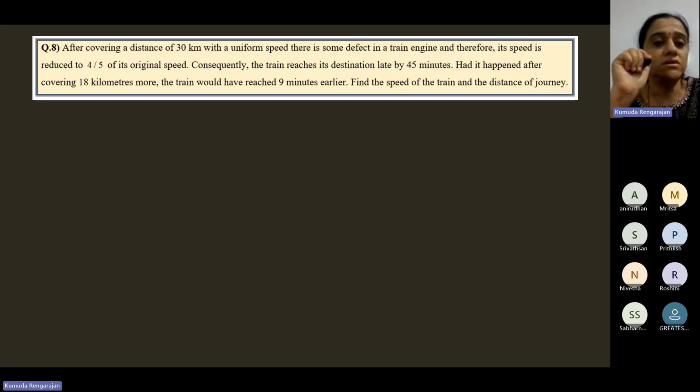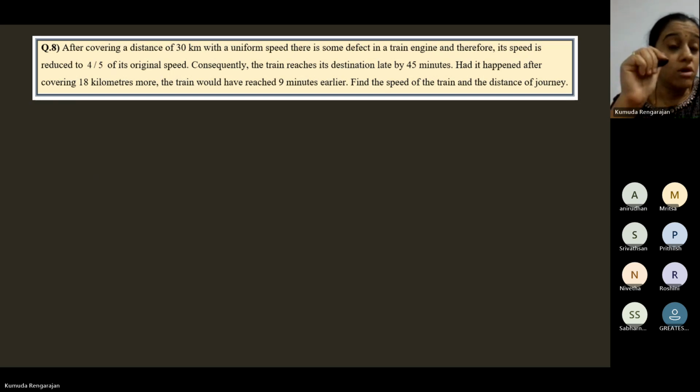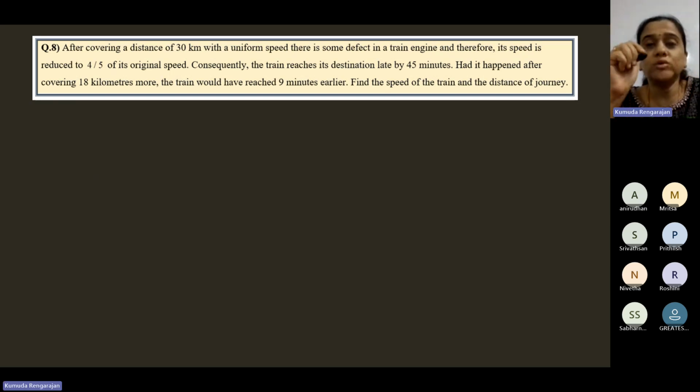After covering a distance of 30 kilometers with a uniform speed, there is some defect in a train engine and therefore its speed is reduced to 4/5 of its original speed.